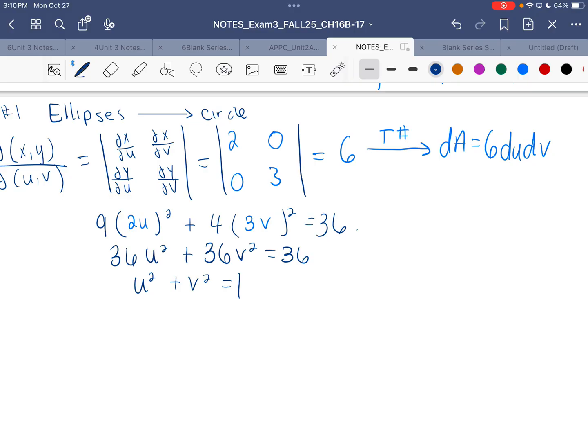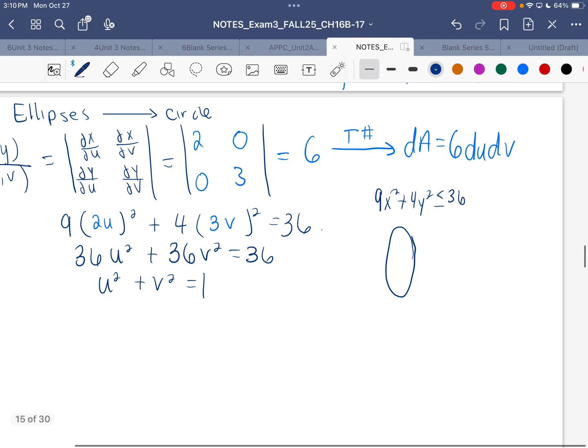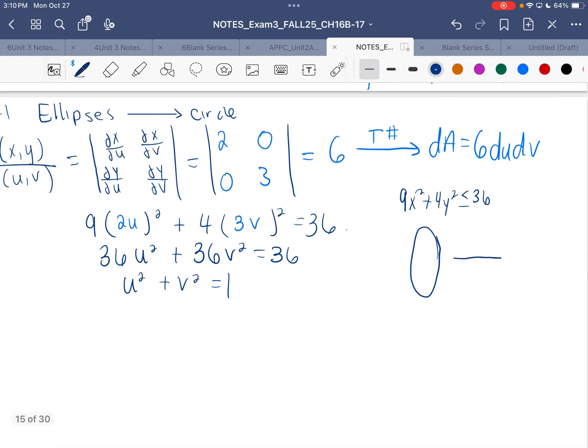All right, we were within the region bounded by this ellipse. So it really was the region inside this ellipse, 9x squared plus 4y squared less than or equal to 36. Then we're doing a transformation to get it to be u squared plus v squared is equal to 1.